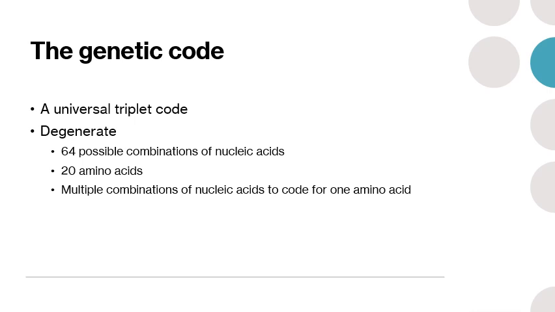Which brings us to our genetic code. This is the study design dot point. It says it's universal and triplet. So that universal means that DNA is the same no matter what living thing you're looking at.